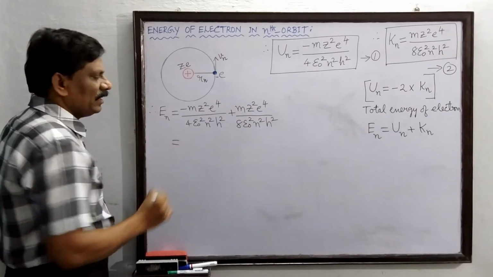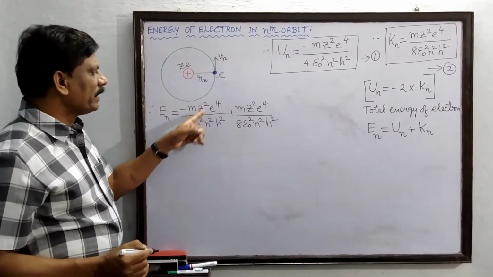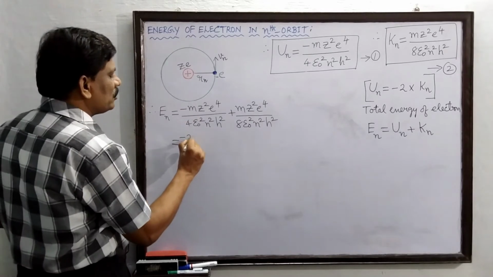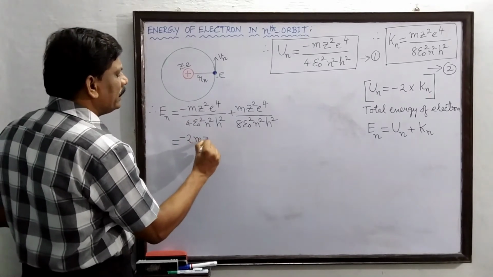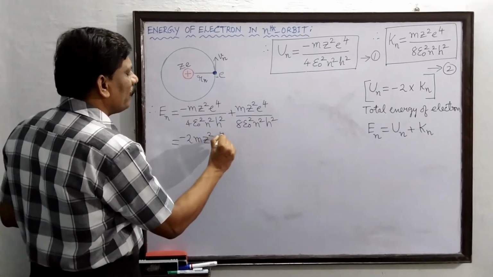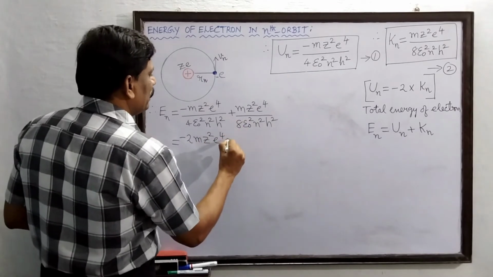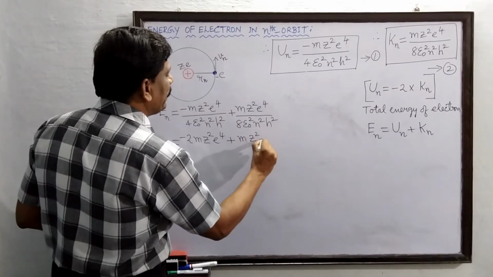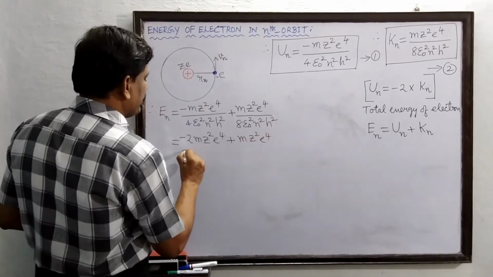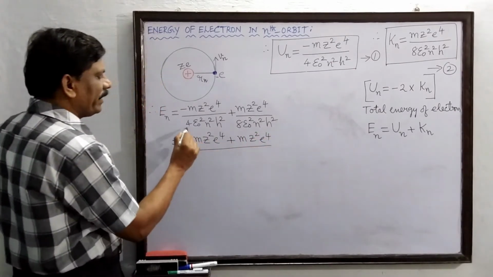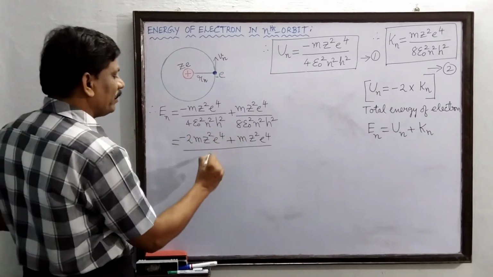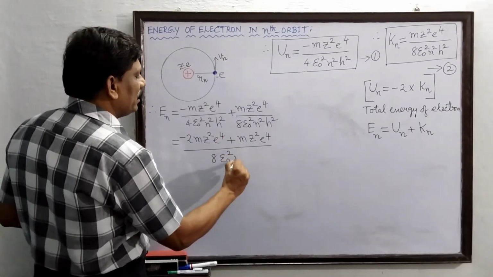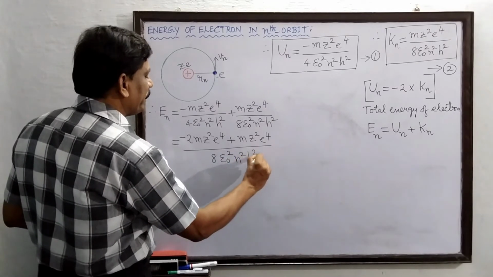So I will multiply the first term in the numerator and denominator by 2, so that it will become minus 2 m z square e power 4, and this will become plus m z square e power 4, so that the denominator is a common denominator. I have multiplied by 2, is it not? So it will become 8 epsilon naught square n square h square.